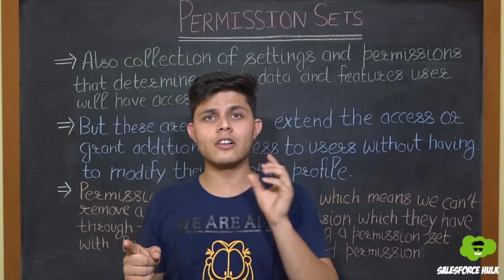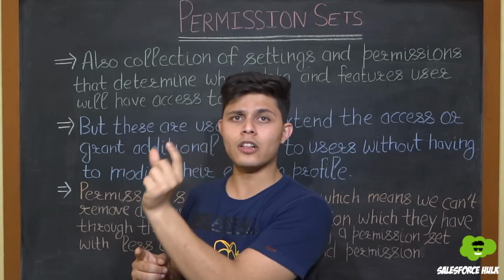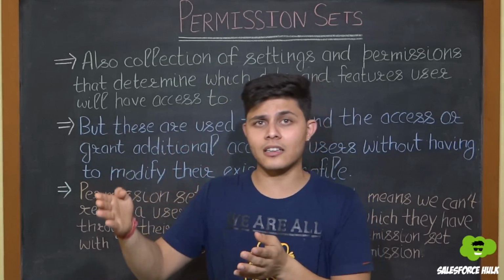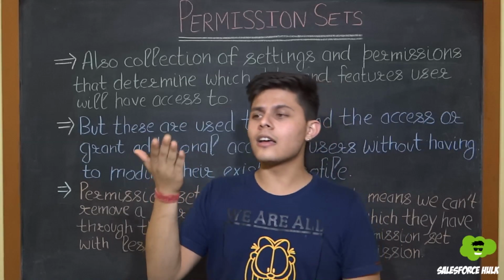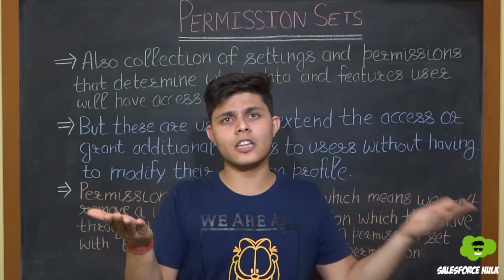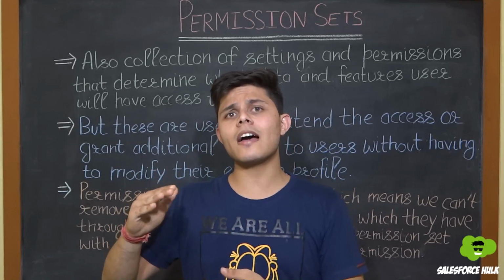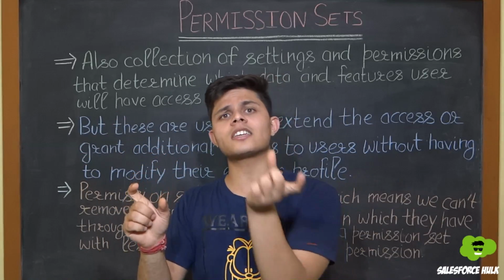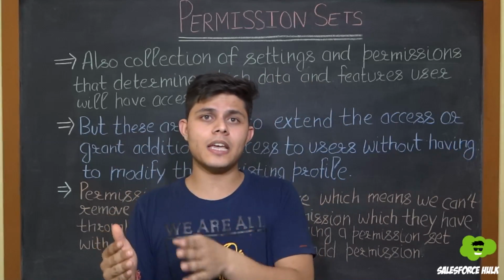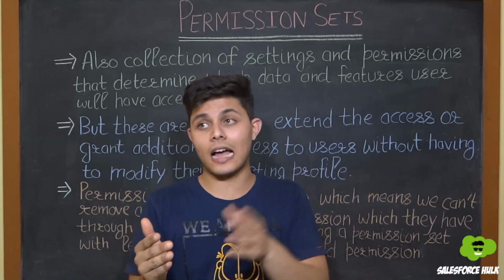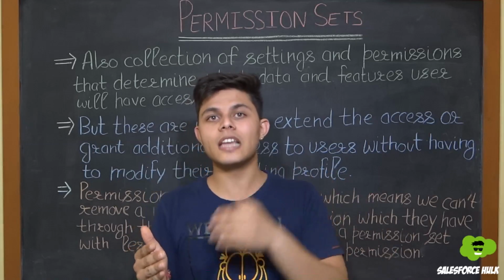In that situation, you will create a different permission set with the set of permissions that you want to provide to that small set of people, and that permission set will be assigned to those users, so that whatever access they have on their profile will stay there, but they will have additional access just because of the permission set assigned to them. And the other users on the same profile will not be able to access that data, because the permission set is not assigned to them.